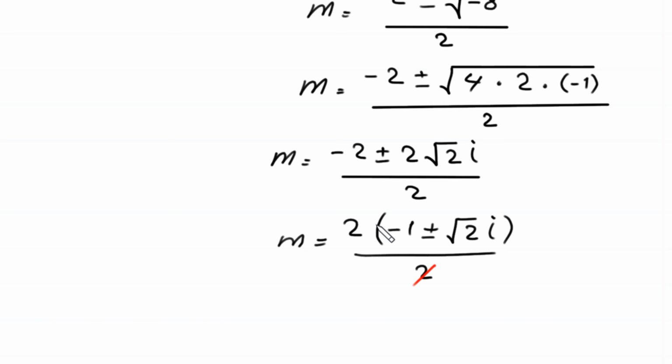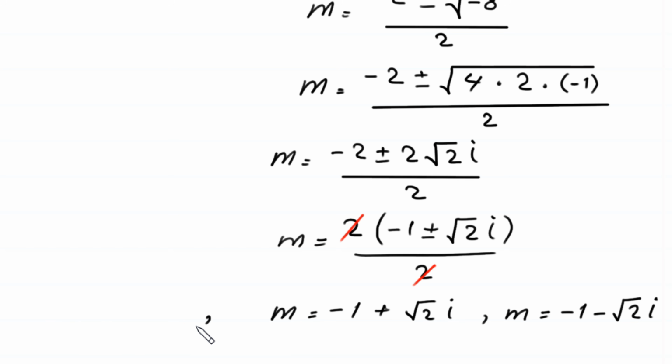Now this 2 will be cancelled out with this 2, and from here we get two values of m. m is equal to negative 1 plus root 2 i, and m is equal to negative 1 minus root 2 i. And first we found the value of m is equal to 1. So we have three values of m for now.